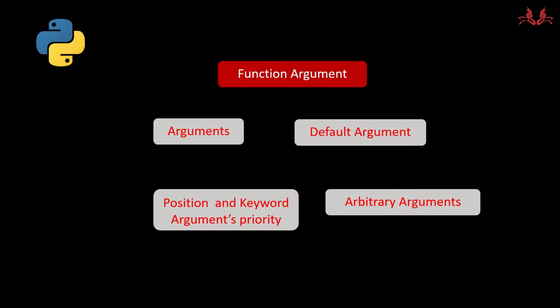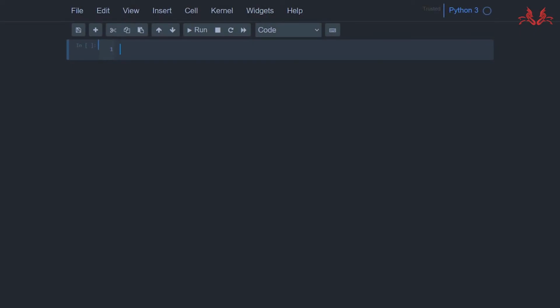Alright, let's demonstrate it. At first, we define a function def travel with name and country parameters. And we print a sentence: Hey, name.